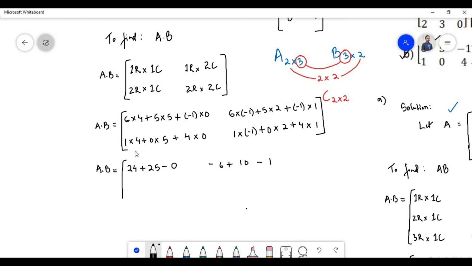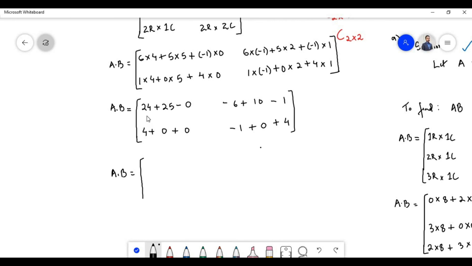Next, 1 times 4 equals 4 plus 0 times 5 equals 0 plus 4 times 0 equals 0. Next, 1 times minus 1 equals minus 1, 0 times 2 equals 0, plus 4 times 1 equals 4.